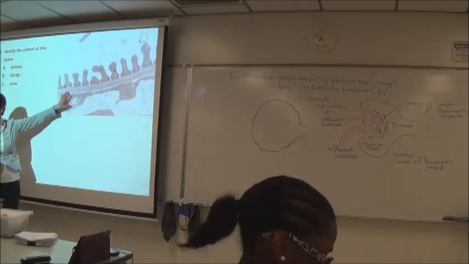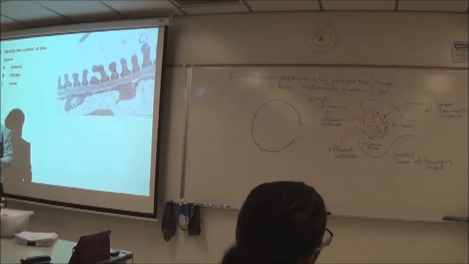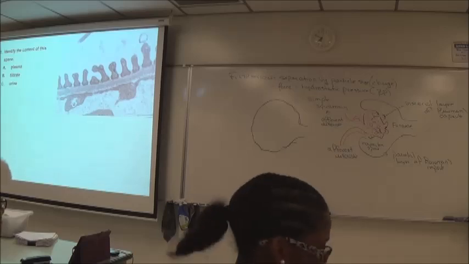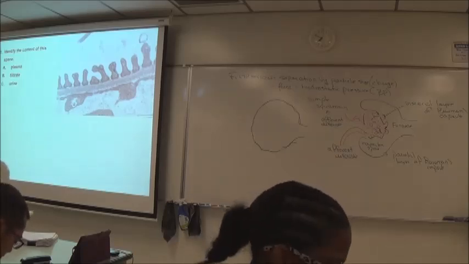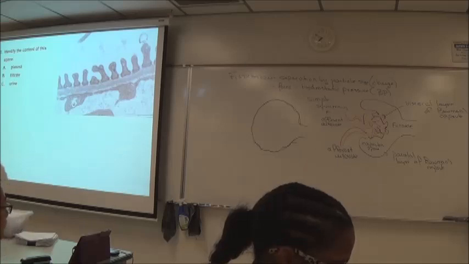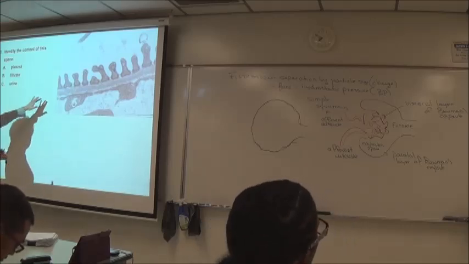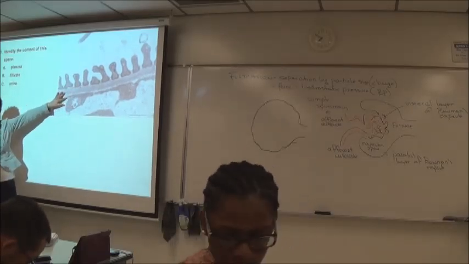So we have a sandwich that is formed. Remember the last time we talked about a sandwich? Lungs. We had our respiratory membranes. The bread was 2 layers of simple squamous epithelia, and the filling was a little bit of connective tissue. Here we have even less connective tissue. The filling essentially is the basement membrane of the 2 epithelia.